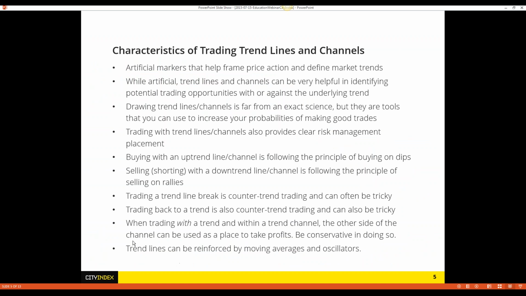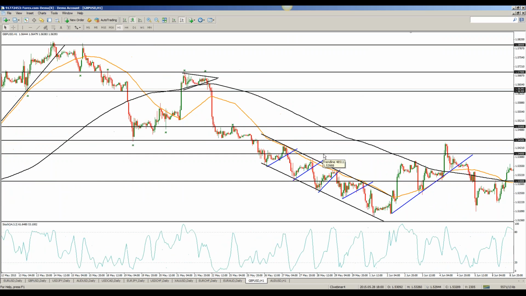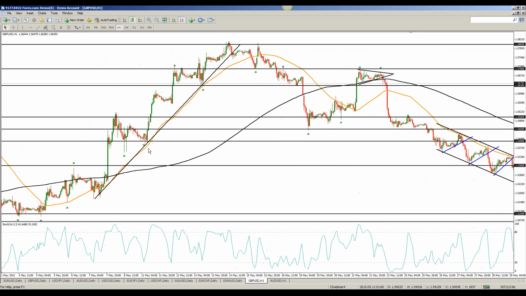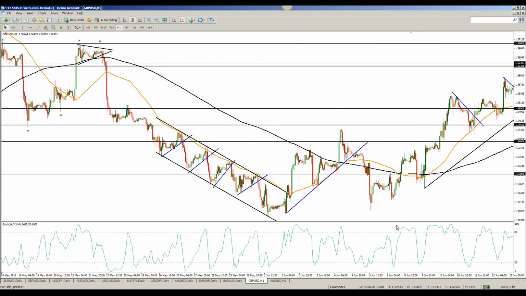And then the comment that Tibor made here: the SMA is also supporting the trend line well. Here, I've added that in. Trend lines can be reinforced by moving averages and oscillators. So this is very important. This is a very, very important technical observation, that this moving average tends to follow support and resistance very, very well.